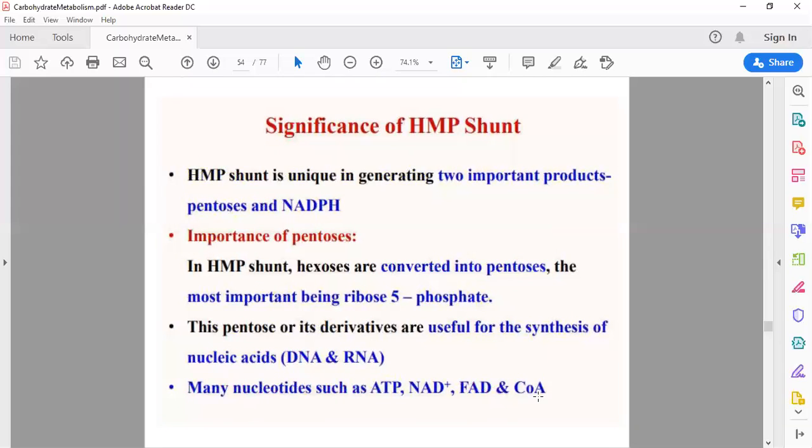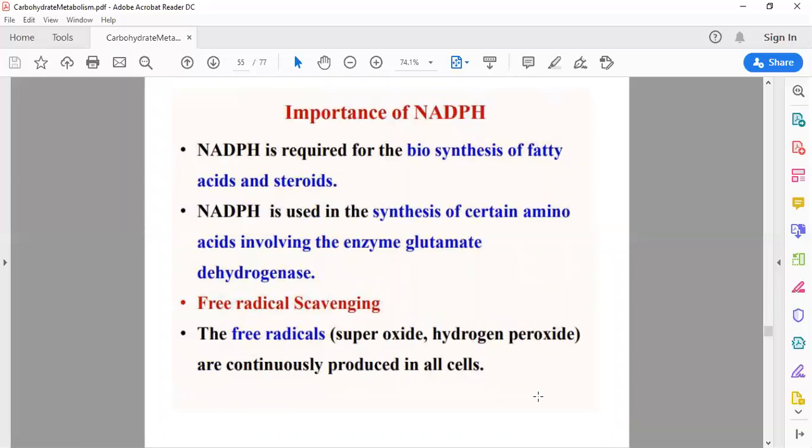The pentoses are majorly useful in the synthesis of nucleic acids like RNA and DNA, and also many nucleotides such as ATP, NAD, FAD, and coenzyme A. Skeletal muscles are also capable of synthesizing pentoses, although only the first few enzymes of HMP shunt are active, and therefore it appears that the complete pathway of HMP shunt may not be required for the synthesis of pentoses. Then another important part is it forms NADPH.